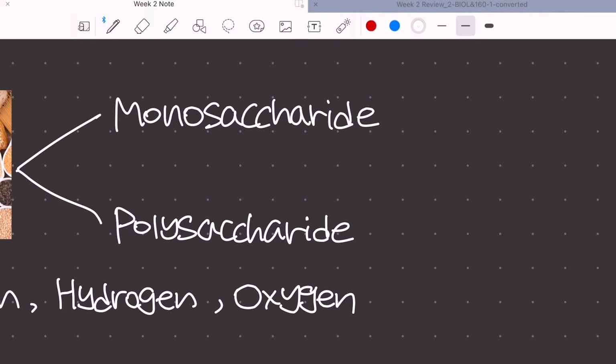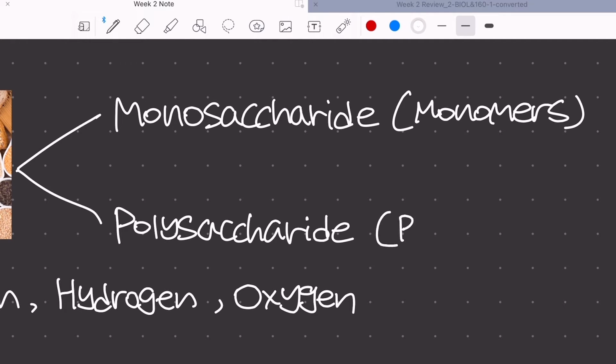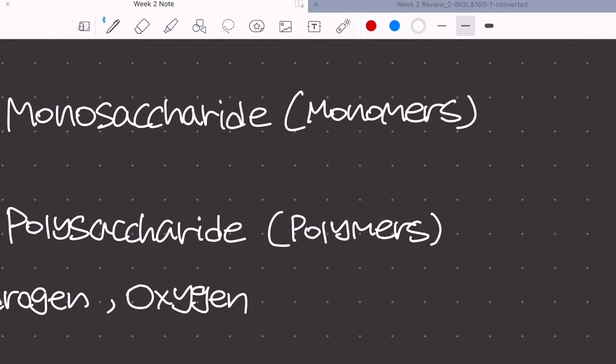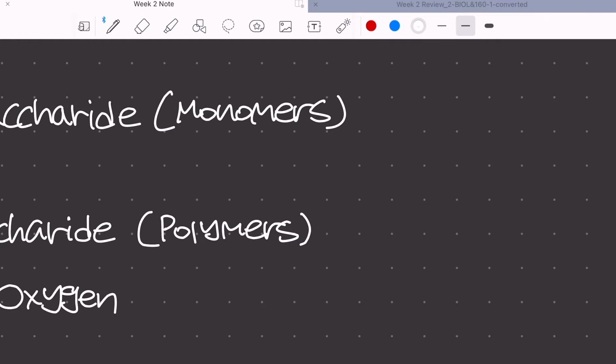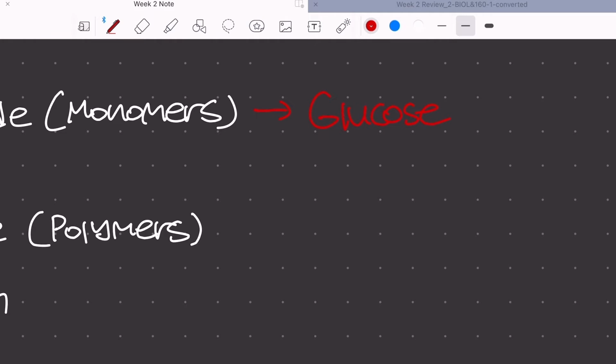And monosaccharides, or monomers, are the building blocks for polymers, which make up the polysaccharides. An example of a monosaccharide would be glucose. And glucose is the energy form that our body uses to function our muscles, our organs, basically to sustain life, to keep us alive.